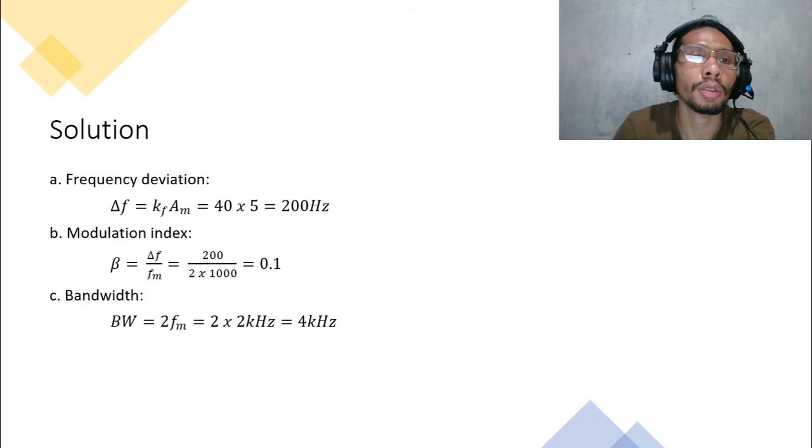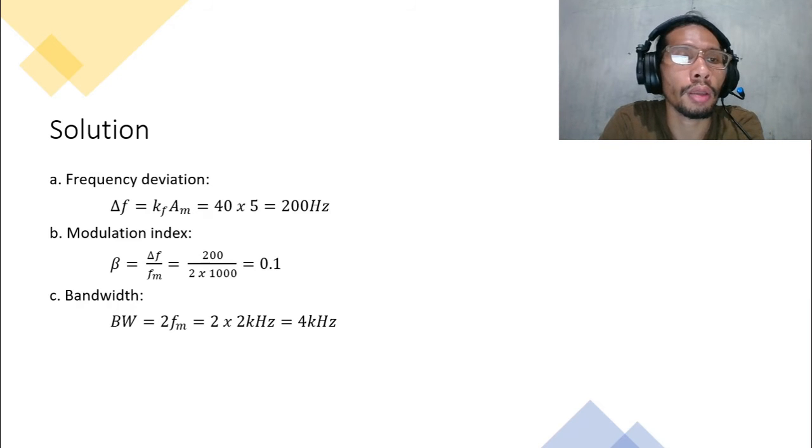The solution is, first we need to get the frequency deviation using the formula delta F is equal to KF times Am, where KF is equal to 40 multiplied by the Am, or 5. 40 times 5 is equal to 200 hertz.